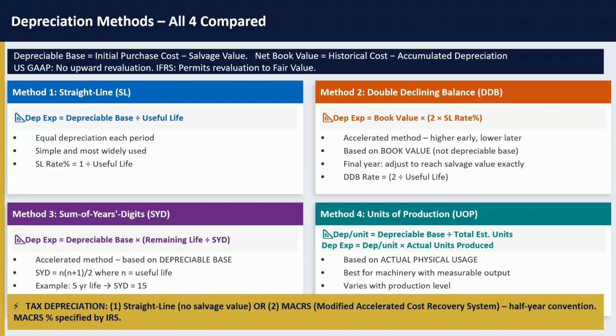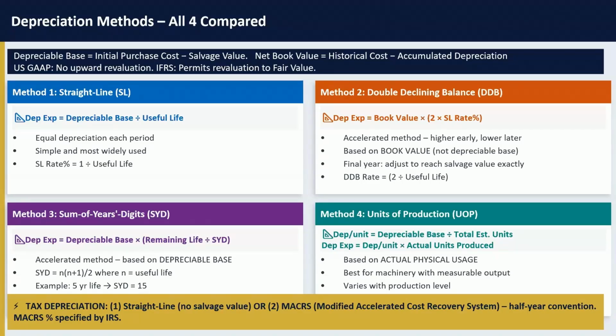Moving on to the double declining balance method. In the double declining balance method, depreciation expense will be equal to book value multiplied by 2 times the straight line depreciation rate. The straight line depreciation rate you will anyhow calculate, multiplied by 2. And one thing you should be careful about is that in DDB, you take book value, not depreciable base.